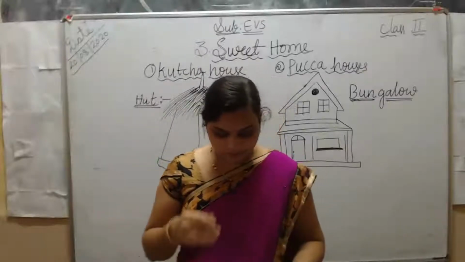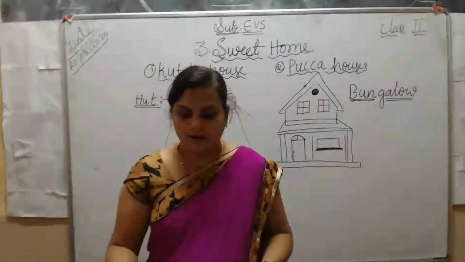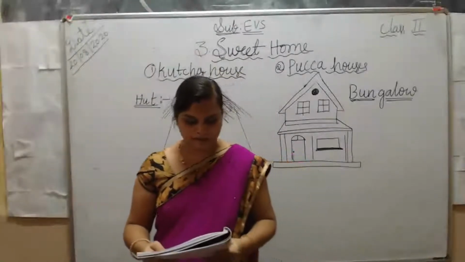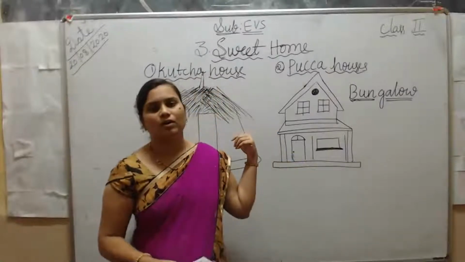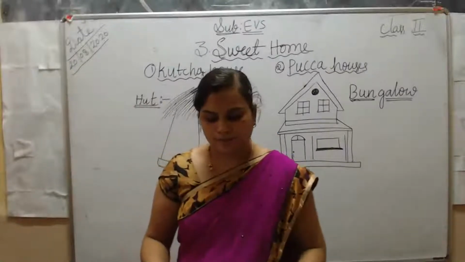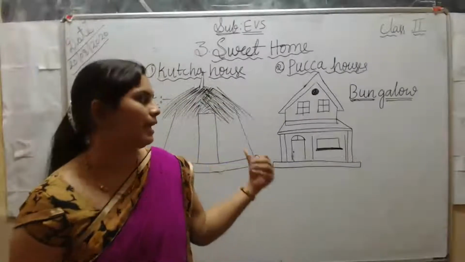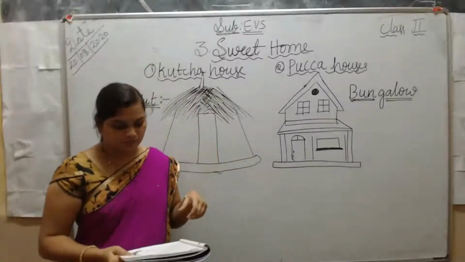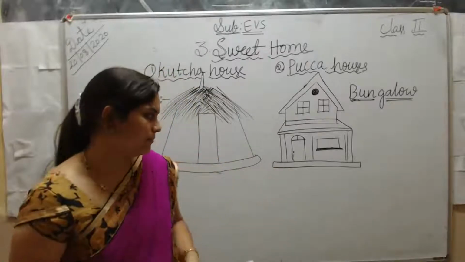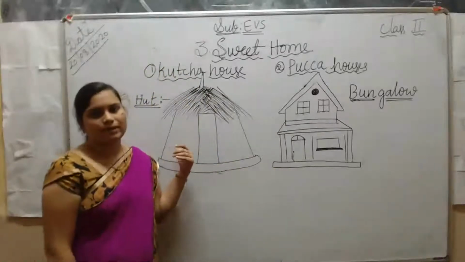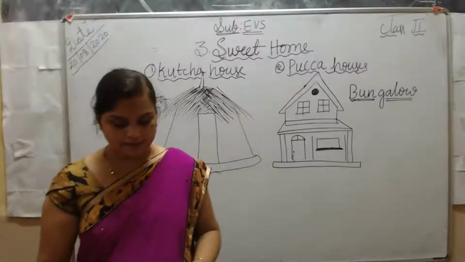Okay. Huts are called kacha houses. They are not very strong. Storms or rains can damage them easily. When rains come, they will damage the hut.